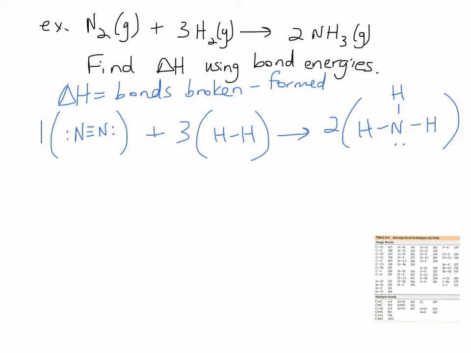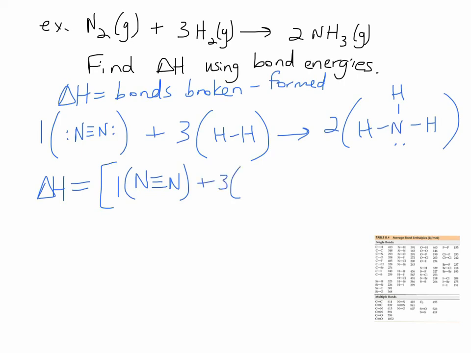So in order to calculate the delta H, again, we're doing bonds broken minus bonds formed. So we're breaking all of the bonds in the reactants, and we're forming all of the bonds in the products. So one of the bonds we're going to break is N triple bonded to N, and we have one of those.